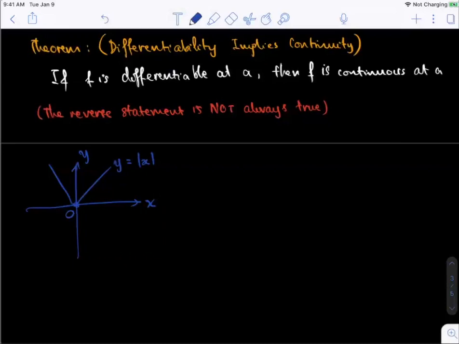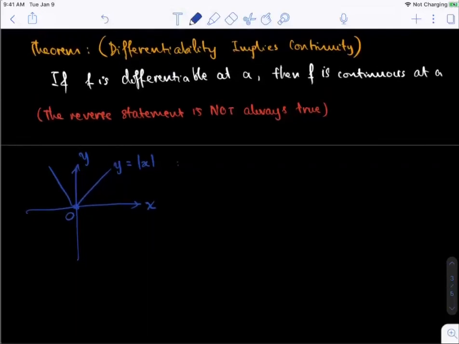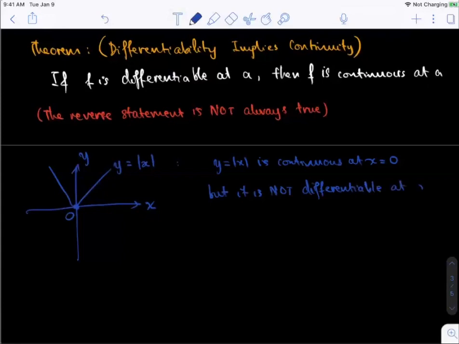We can mathematically prove that it is not differentiable, but by looking at the graph, you can see that there is a kink. So in this example, y equal to f of x, absolute value of x, is continuous at x equal to 0, but it is not differentiable at x equal to 0.